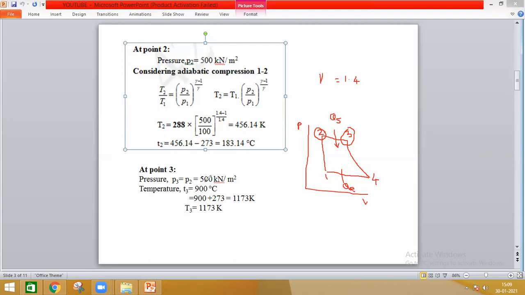That is why P2 is equal to P3 is equal to 500 kilonewton per meter square. Clear? The temperature is also given in the problem. That is the maximum temperature, 900 degrees Celsius. When we convert it into Kelvin, we get 1173 Kelvin. Clear? Okay.